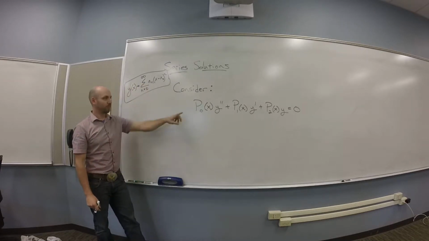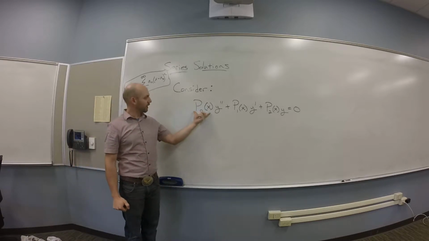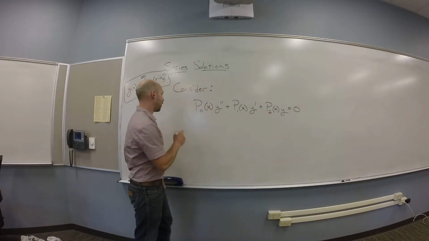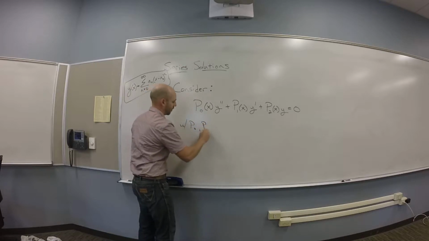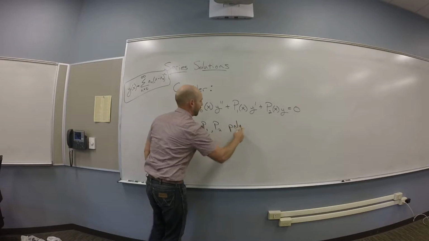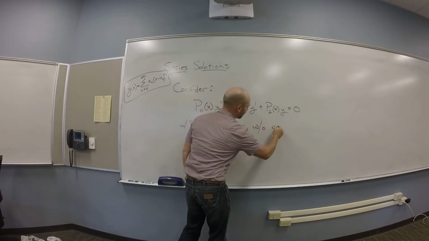I can do a little bit more general thing, but this is a good spot to start. My p0, p1, and p2 are going to be polynomials, and I'm also going to assume that they are without common factors.